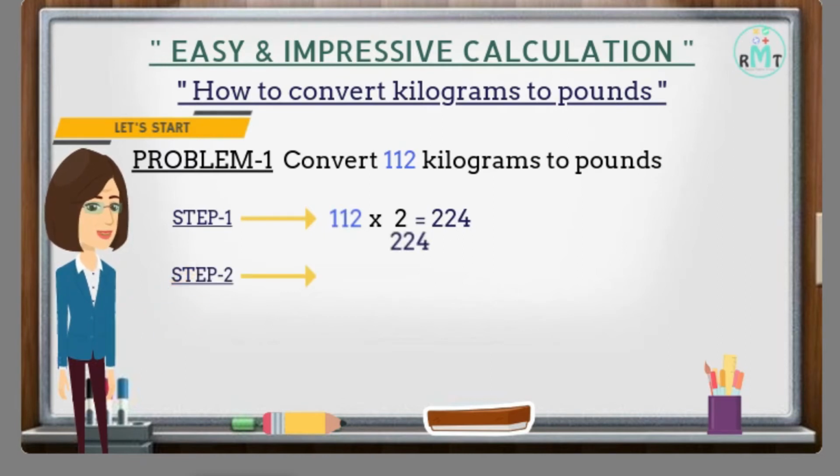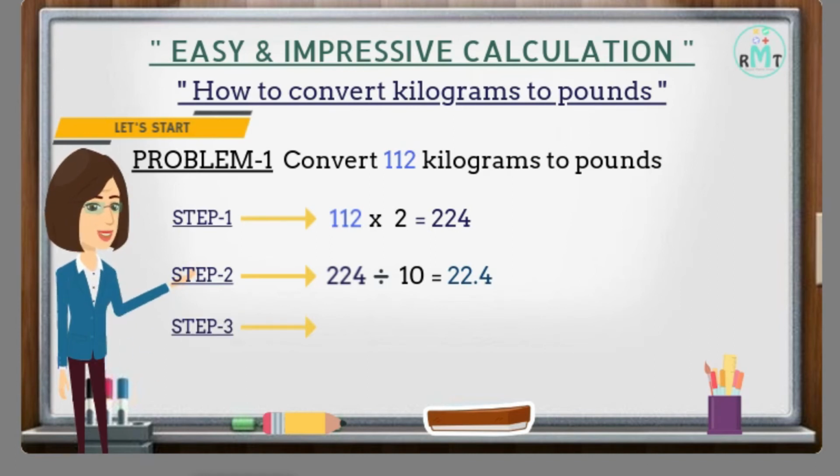Divide the previous one by 10. As we get 22.4 as the answer. Step 3. Now we will add the answer obtained in step 1 and step 2. And we get 246.4 pound as the final answer.